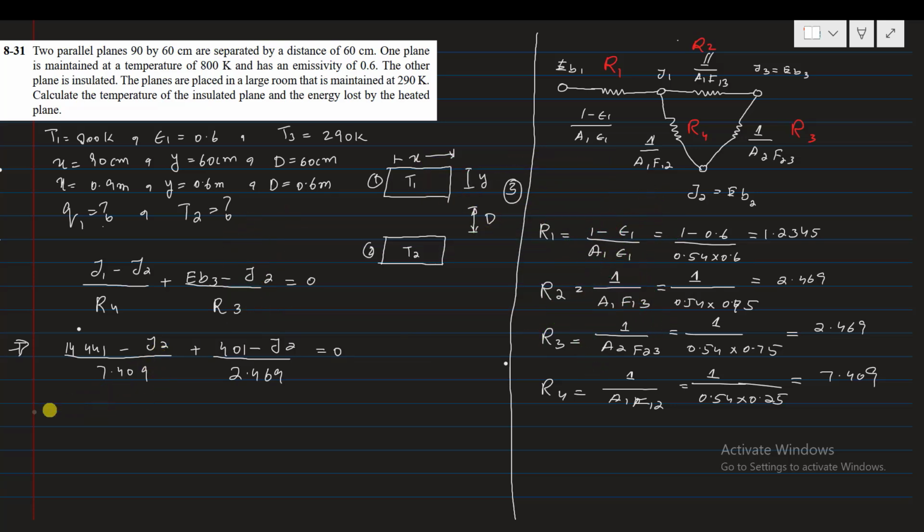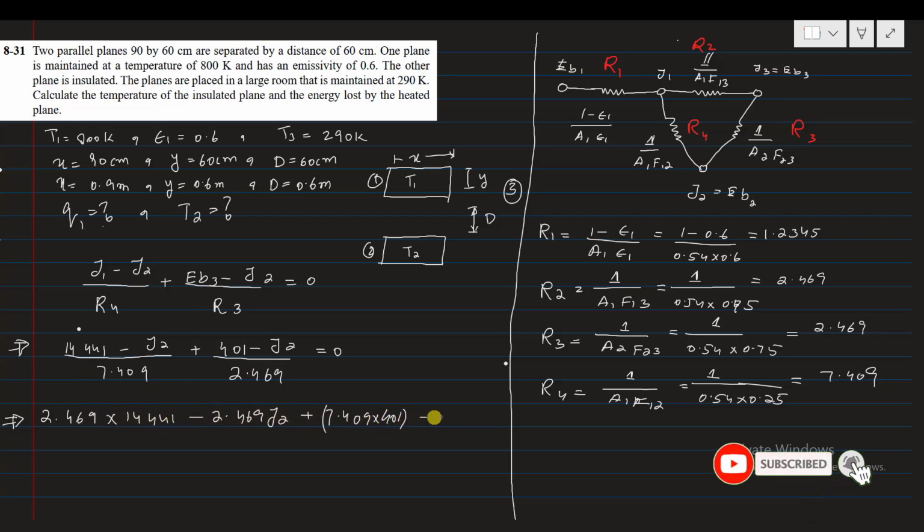I'm simplifying it: multiply each term of this equation by the product of these two denominators, and add the coefficients of J2 together, writing the sign as negative.